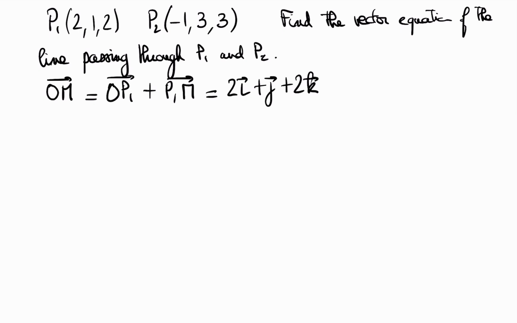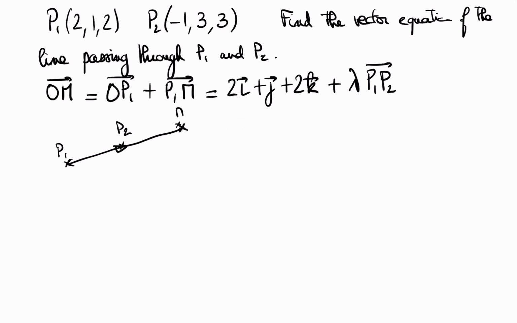And then P1M is just lambda times P1P2, because basically the 3 points are aligned, so P1, P2, and then M. So P1M is a multiple of the vector P1P2.